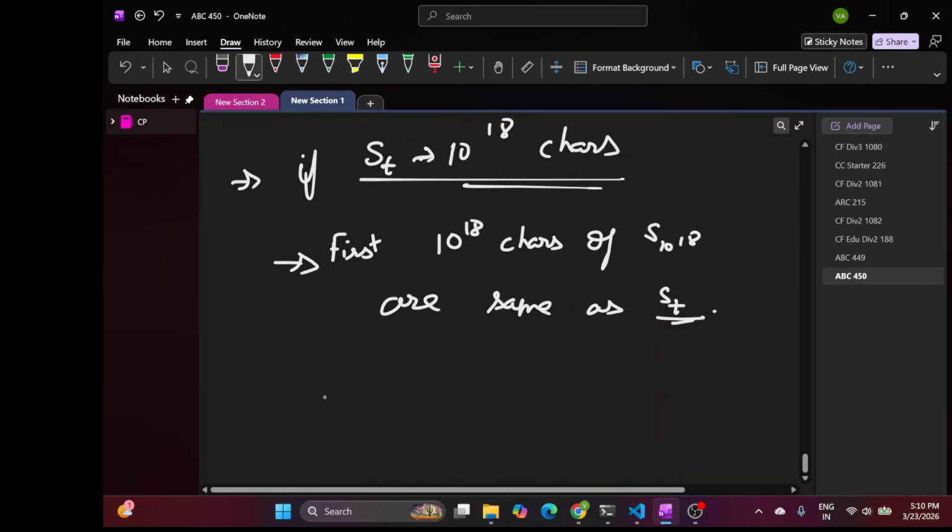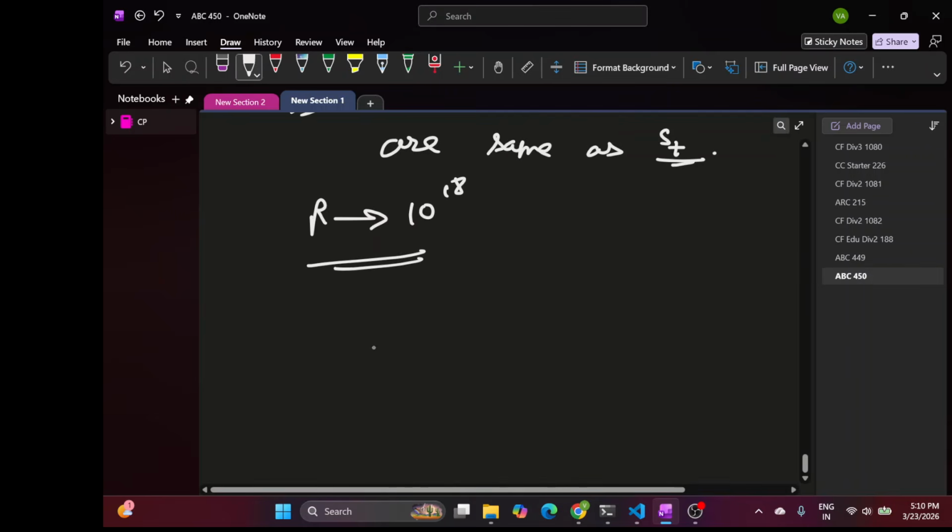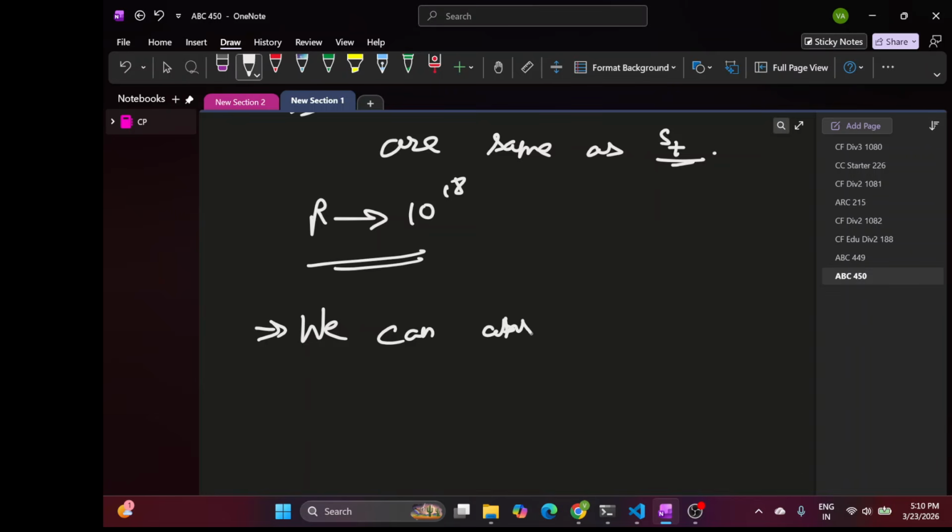And since our R can only go up to 10 raised to 18, right? So we can answer all queries from St itself, right?